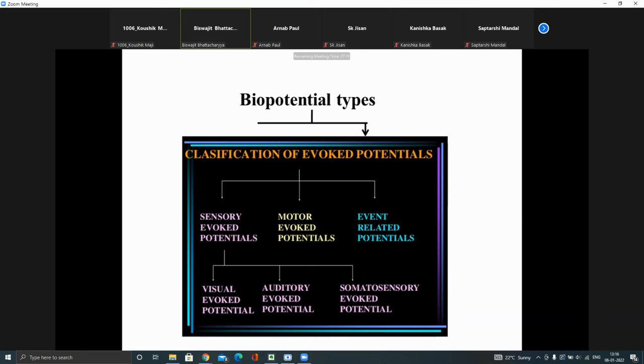When we hear something and the activity of the brain changes, the EEG becomes different, it is called auditory evoked potential, AEP, in response to some hearing effect. Somatosensory evoked potential is the voltage generated inside our body or brain, in the form of EEG, as a response to touch. Somatosensory means response to touch.